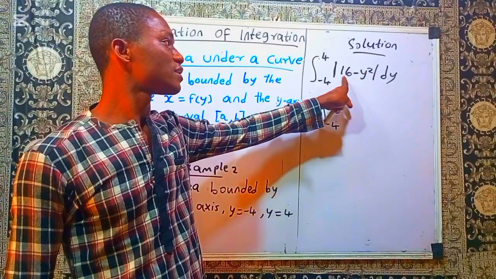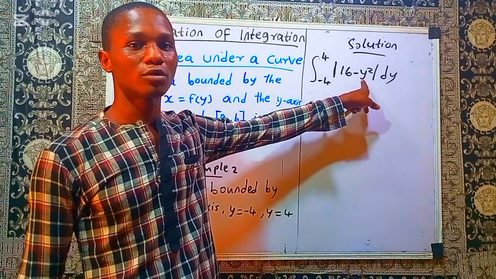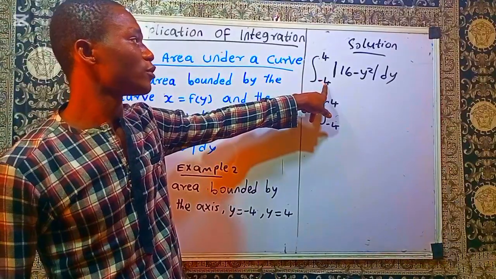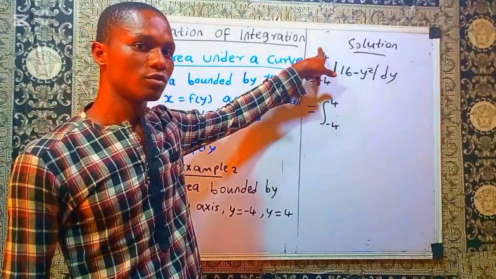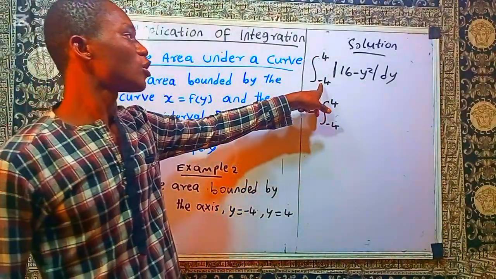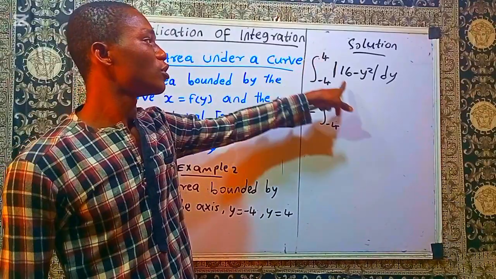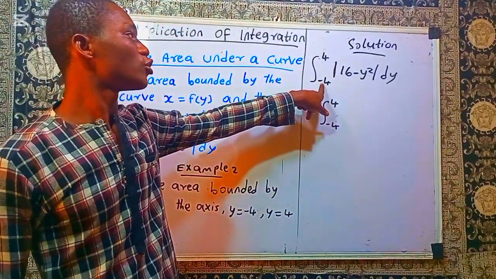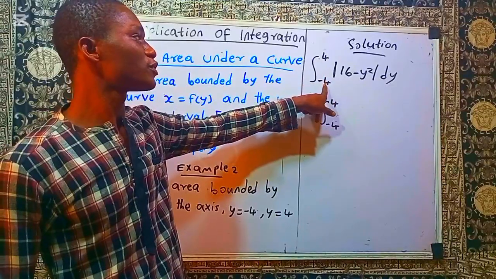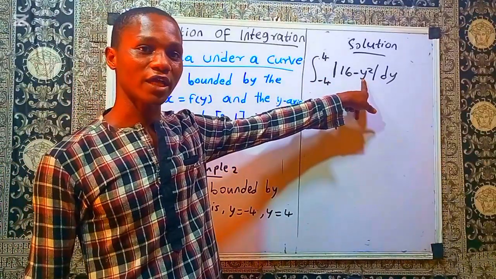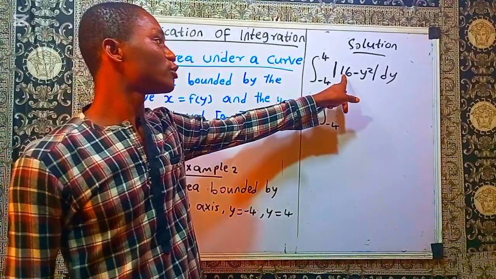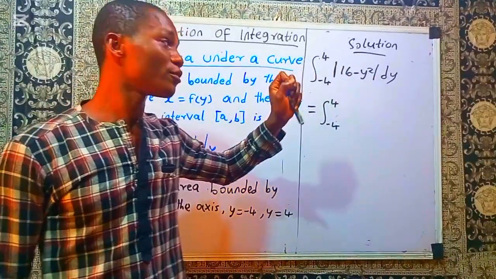The question is, is this function positive throughout the interval minus 4 to 4? So if you substitute numbers from minus 4 to 4, will this thing be positive? Now if you put minus 4 here for y, if you square it, you have positive 16. You'll be doing 16 minus 16, which will be 0.